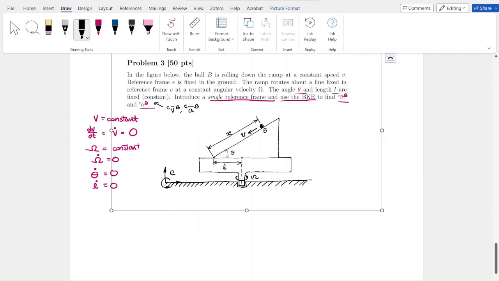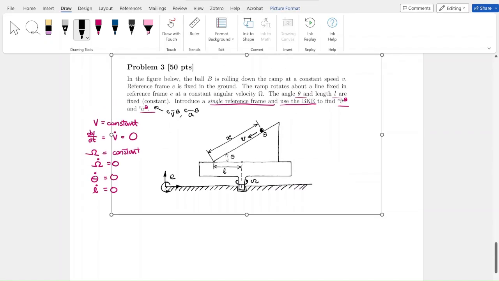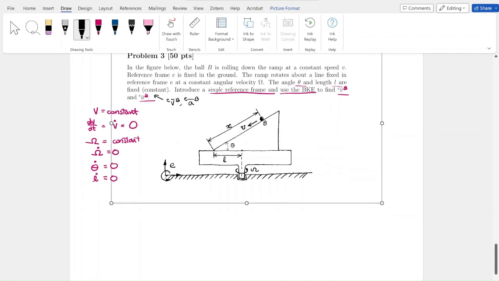Whenever you have this kind of problem, the first thing when we use a BKE is you want to establish a distance or position vector from a fixed point, a fixed point with respect to the fixed reference frame, to the point of interest.